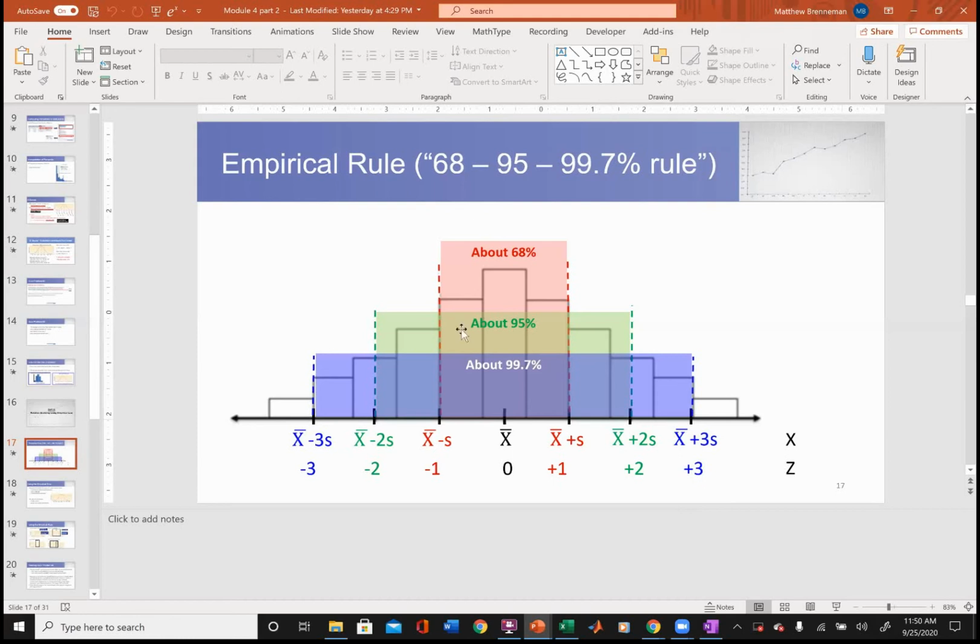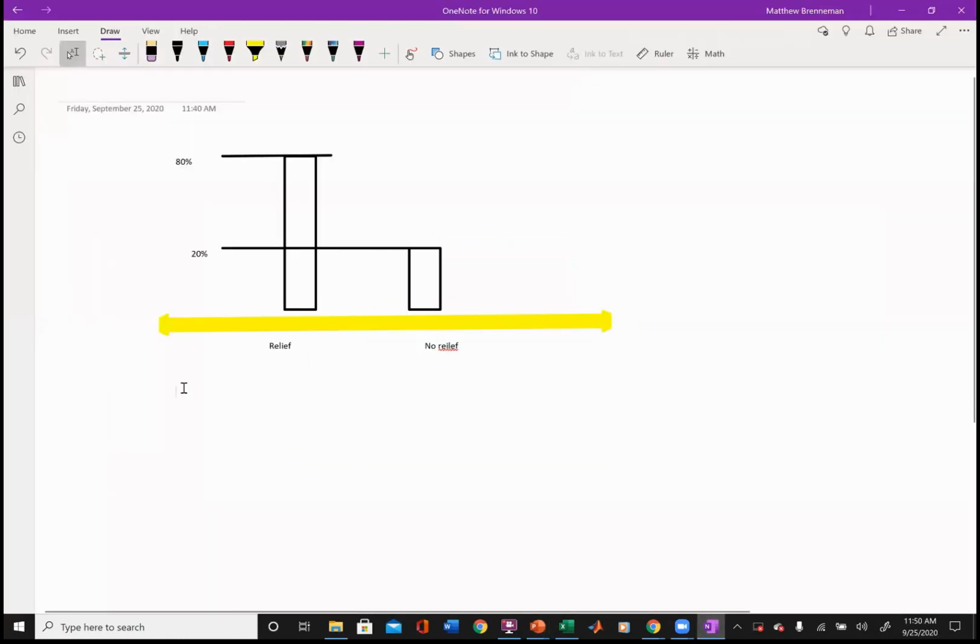We're going to say that a data value from a normal distribution is unusual, in other words, we're not likely to get it, if it's more than 3 standard deviations from the mean.